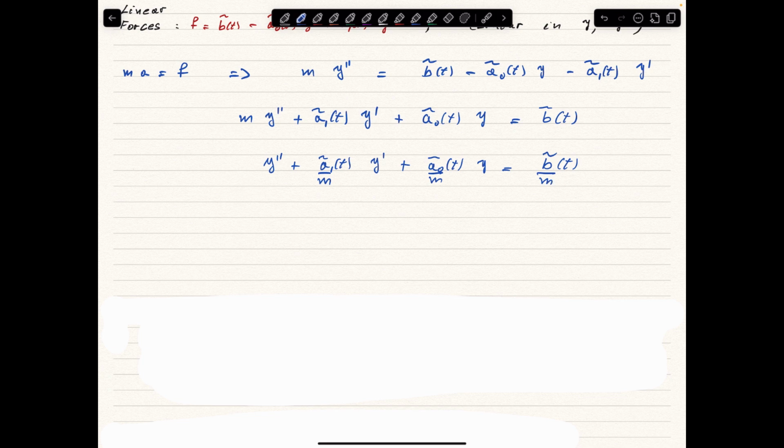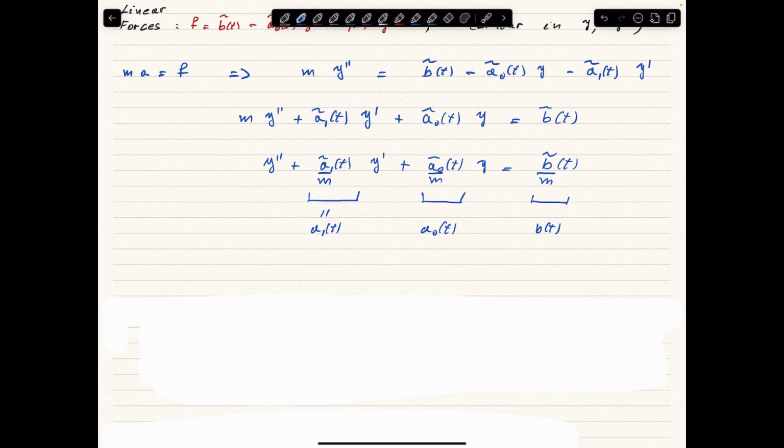So this is exactly the equation we had before, where this coefficient is what before we called a1 of t. That's why the different names. This coefficient here is a0 of t, what we called before, and this is the coefficient b of t.